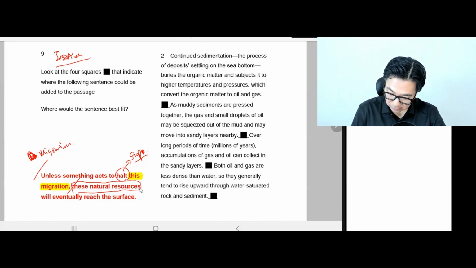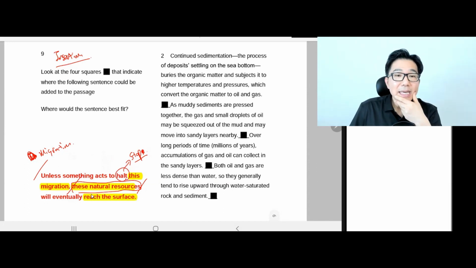That's a second hint. Pretty big hint. So this migration, these natural resources, 2 hints. "Will eventually reach the surface." That's also a hint, whether you think it's small or big.